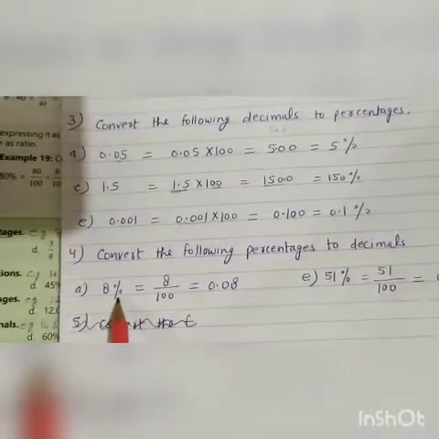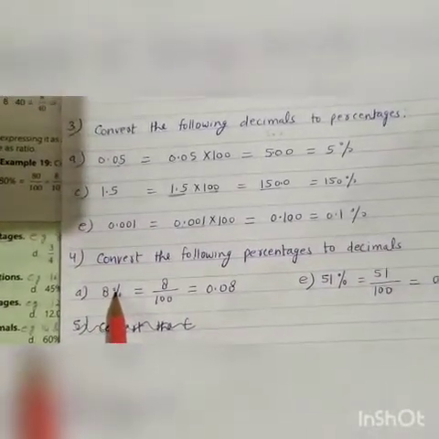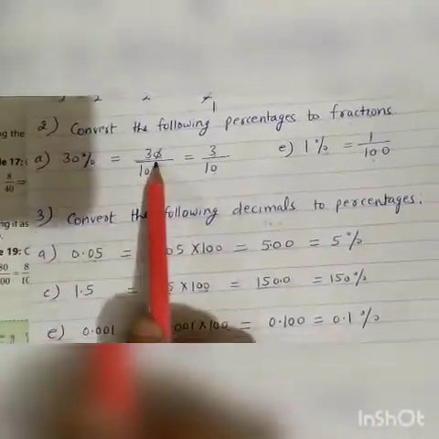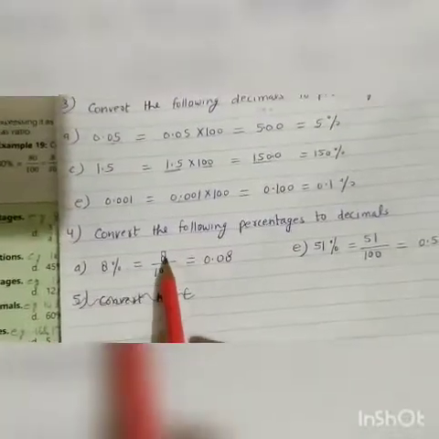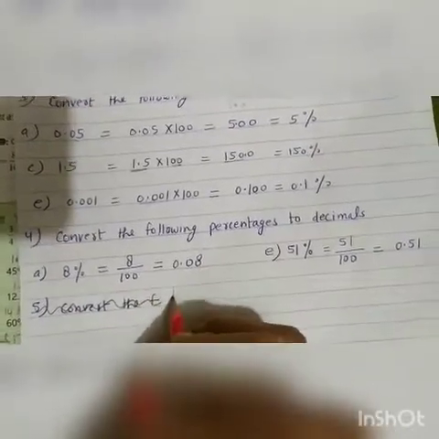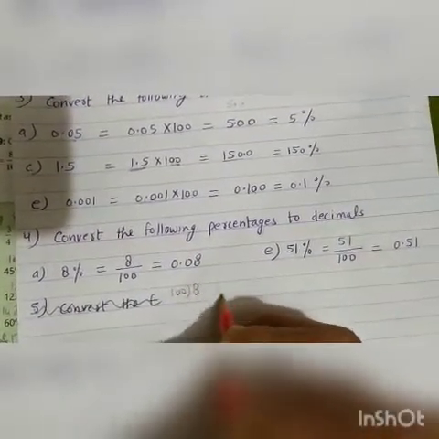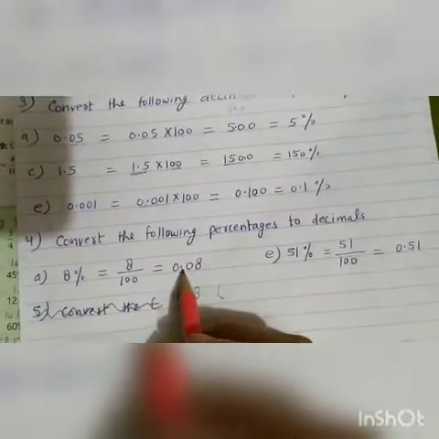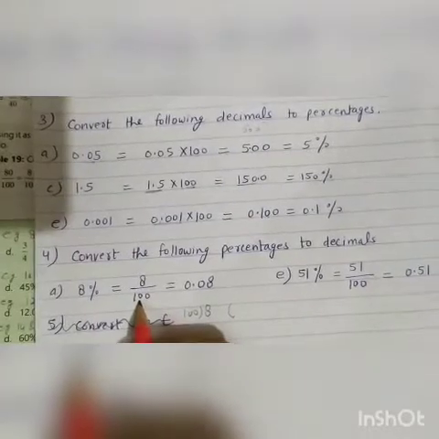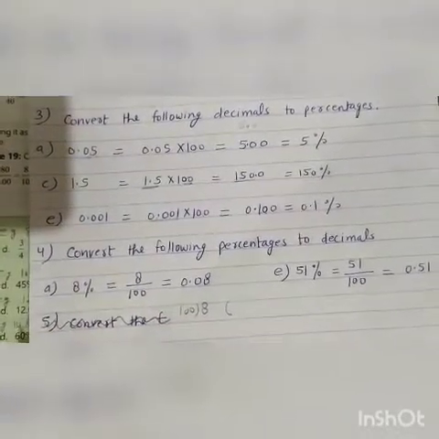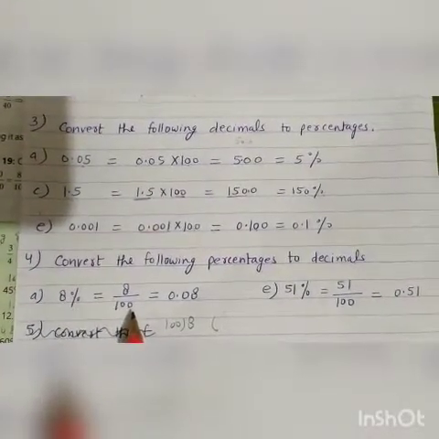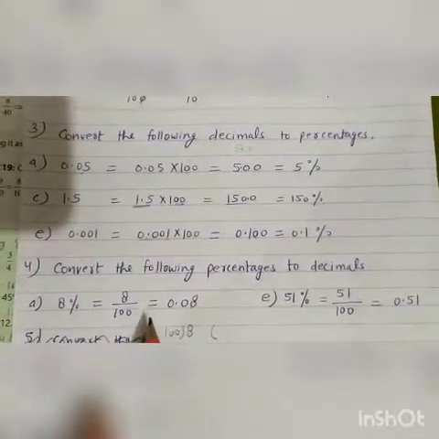A part is 8%. First we can write this 8% as 8 upon 100, as we wrote here. In the same pattern, 8% means 8 upon 100. Now when we divide 8 by 100, we get 0.08. Students, in the previous chapter you learnt how to write a number in decimal form when it is divided by 10, 100 or 1000.